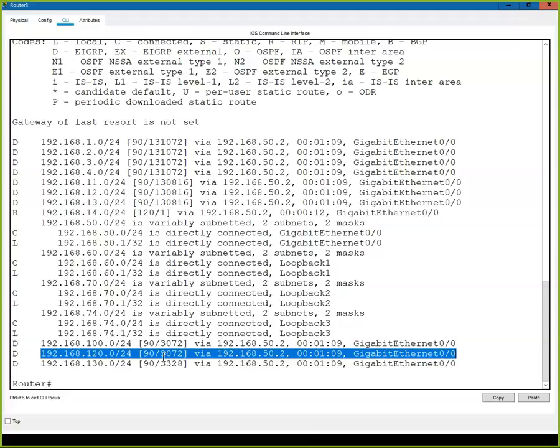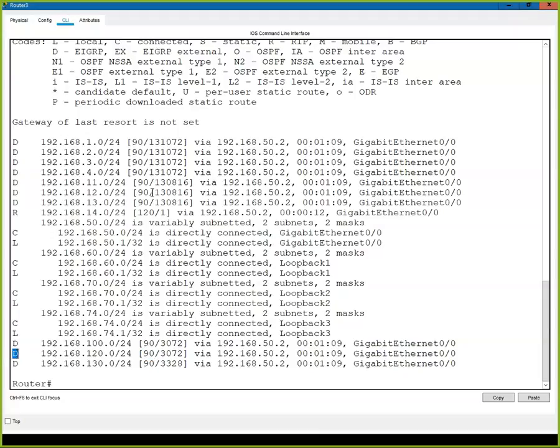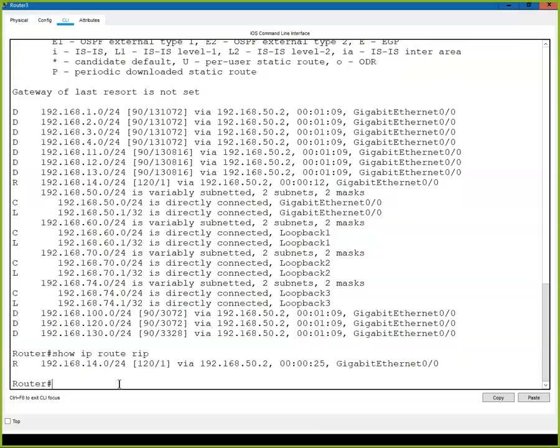But because the administrative distance for EIGRP, represented by the D, is better, it's the one that gets put into the route table. So this is the only RIP route that gets shown in the IP route.